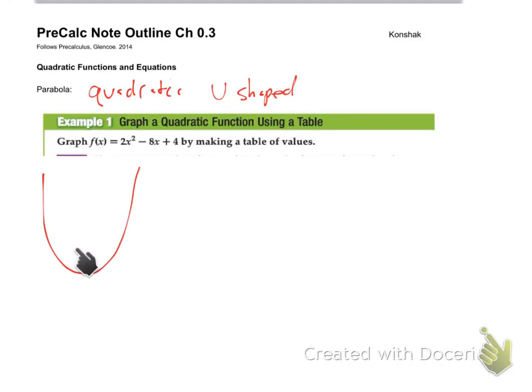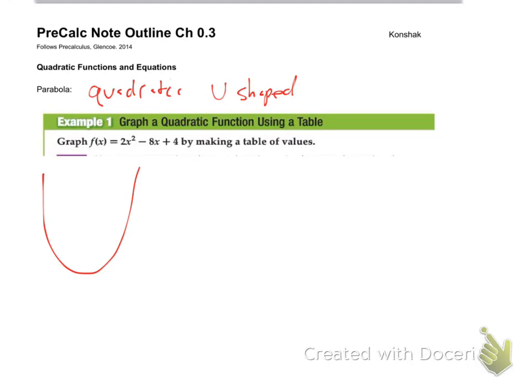It's the bottom, a trough. Starts with an M. That is a minimum value. If a parabola opens up, we know that it has a minimum value. If it opens down, it has a maximum value.